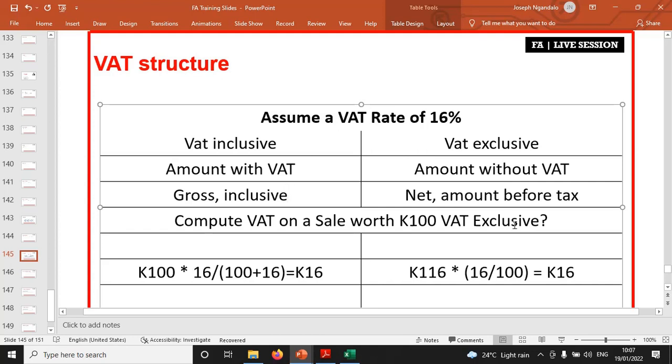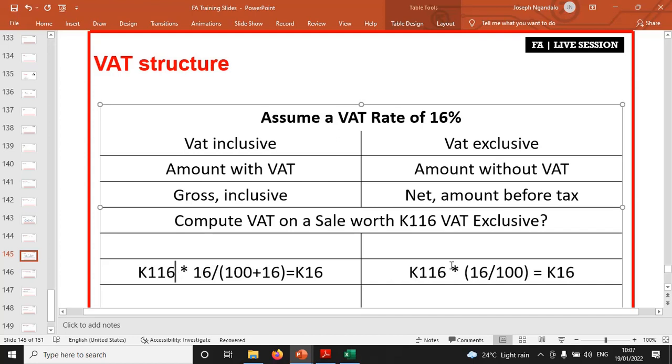So just imagine we have got a transaction worth 116 kwacha, which is VAT inclusive. I think let me correct that. I need to change some things here. We shall say an amount worth 116, so that we are on the safe side. Because when I drop here, I'll write here 116. I'm supposed to change here.